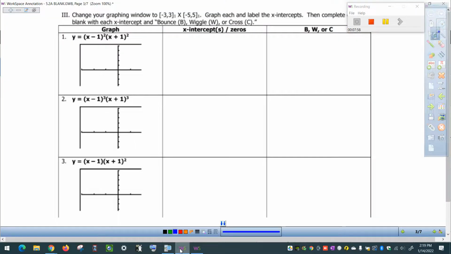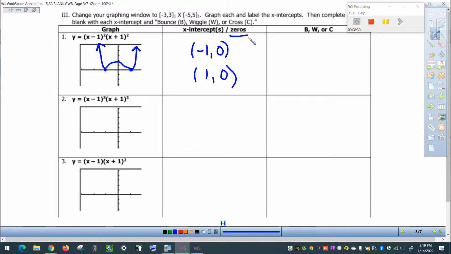Okay, so let's get this all here on paper. So we're just going to sketch our x-intercept here. We're at -1 and +1. It was a bounce for each, which just means it's going to touch that point and then turn around. Now, for the middle section here, when you go to label your x-intercepts, I want you to actually label them vertically, like one right on top of the other. You'll notice here at the very top of this table, x-intercepts are also known as zeros.